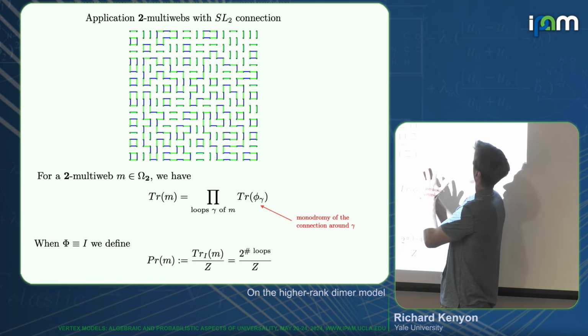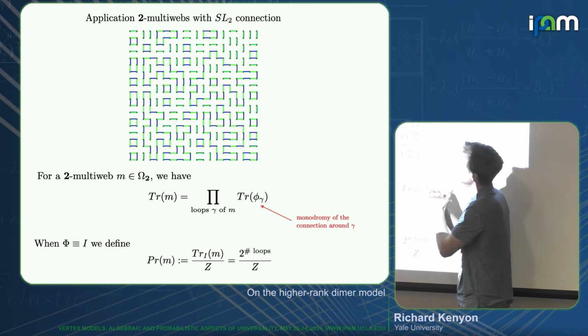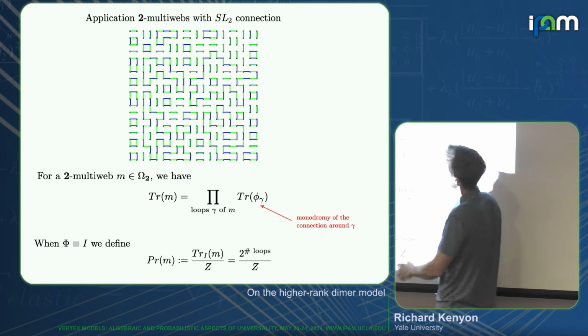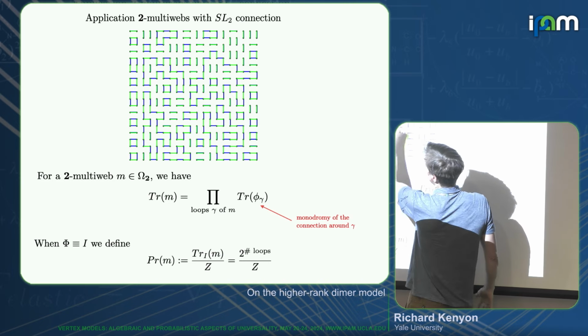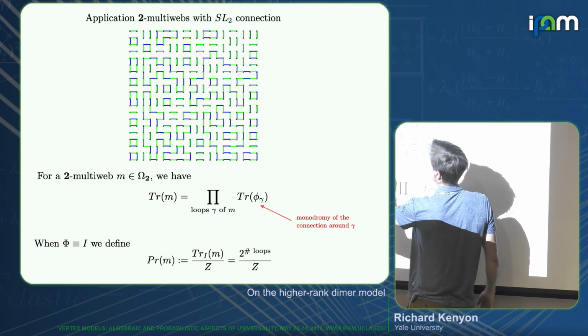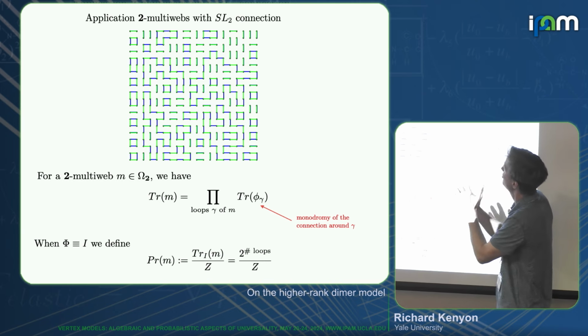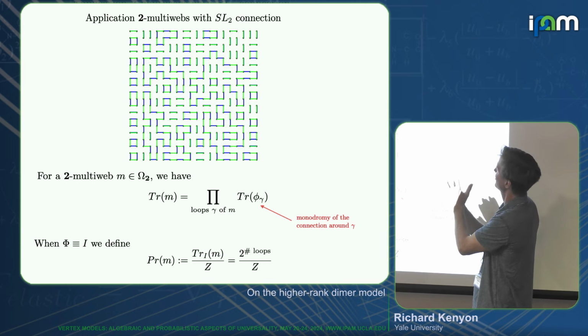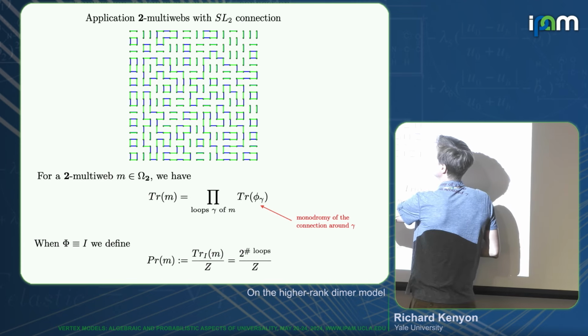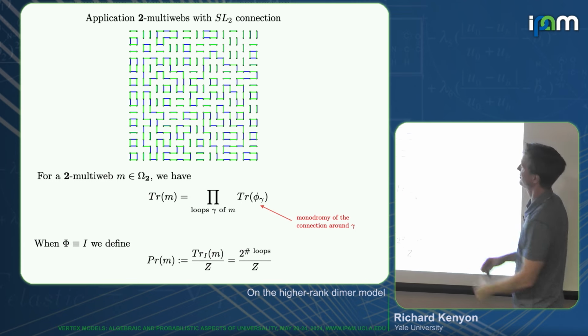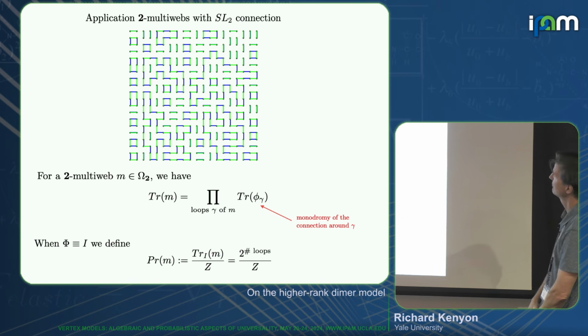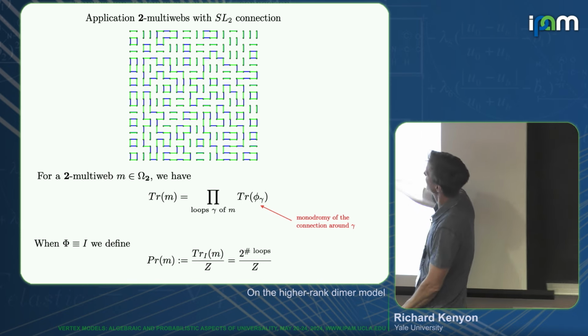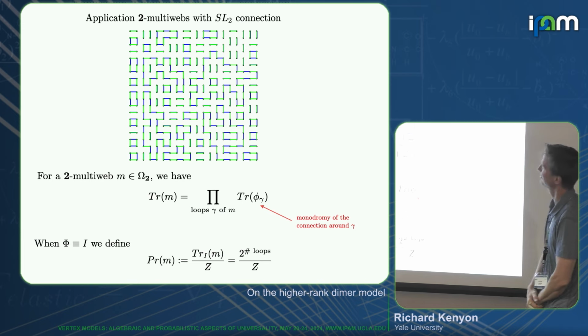It's just what you get by superimposing 2 dimer covers on top of each other. I probably should have just made everything black here. You're not supposed to remember the colors. When you take a 2 multiweb, it's not a colored object. It's just that every vertex has degree 2, and some vertices have doubled edges. So sorry, ignore the colors in this picture. It should have been just black.